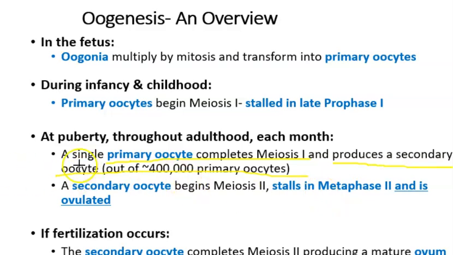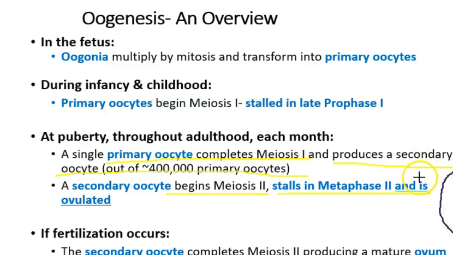The secondary oocyte that forms each month begins meiosis 2, and it stalls in metaphase 2. So what you have in this case is an oocyte. I better draw a picture.